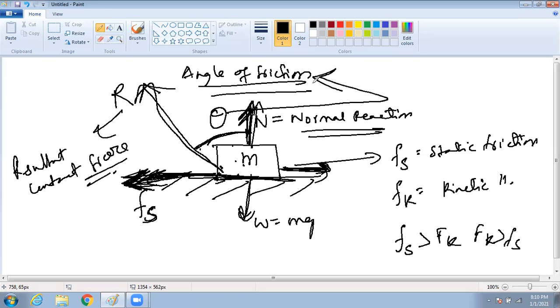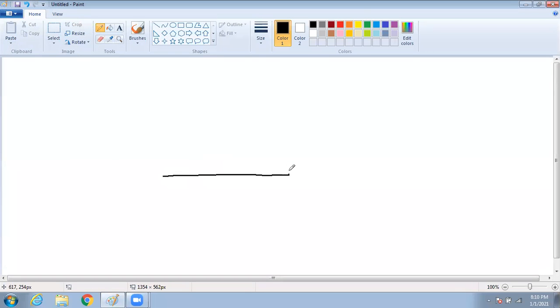Sir, that resultant is the vector between the friction and normal? Yes. It's basically two vectors. That's it. Nothing else. So you can consider it like this: normal, Fs, Fk. Clear? What is Fs?